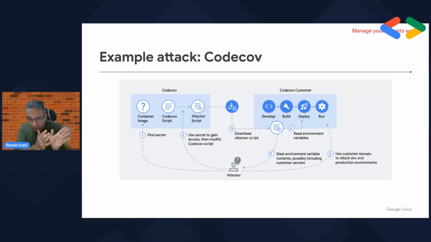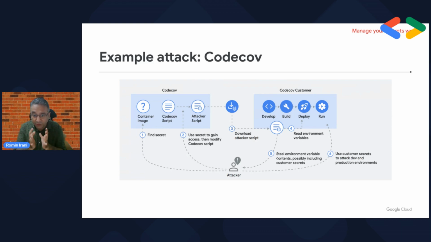Now, if you look at the sequence of steps given here from 1 to 6, just to make it simple for everyone, the attacker in step 1 found that in one of the container images of this product, there was a key, a secret, already present. The attacker got hold of that secret, as a result of which he was able to download that particular code, modify the code to do some malicious stuff, and then put it back again.